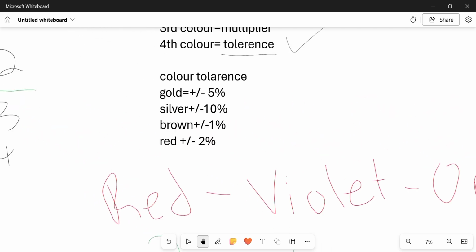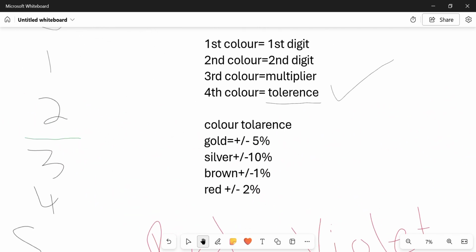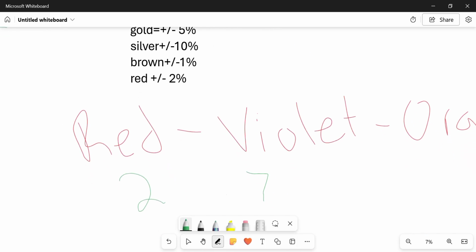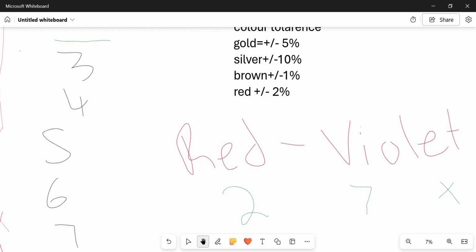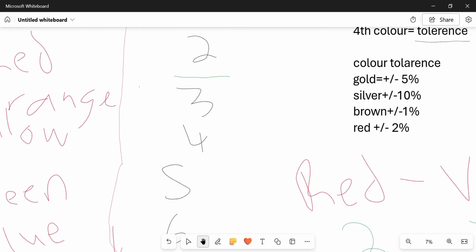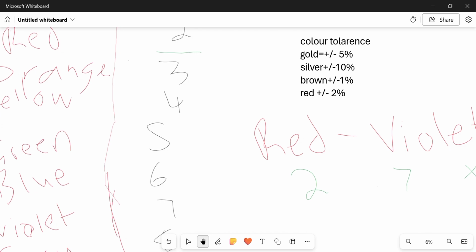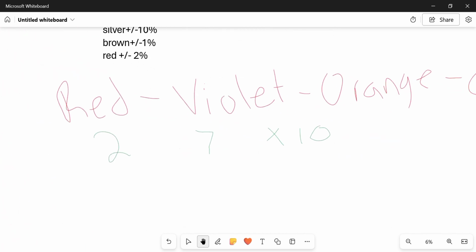Orange, remember, is the multiplier. So the multiplier will be times 10 to the power. You look for orange on the table. Orange has the unit 3. It will be times 10 to the power of the unit of the color, which is 3.